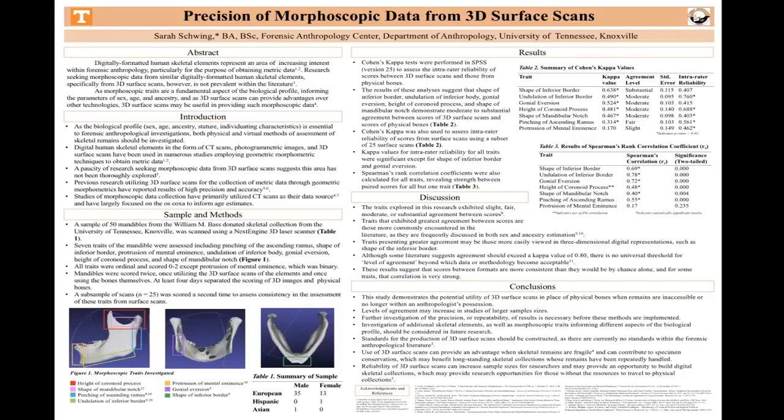After running these 2 tests, I went back and scored a subset of those 50 virtual mandibles. I took a look at 25 scans and compared those scores to the original scores that I obtained from the virtual mandibles.